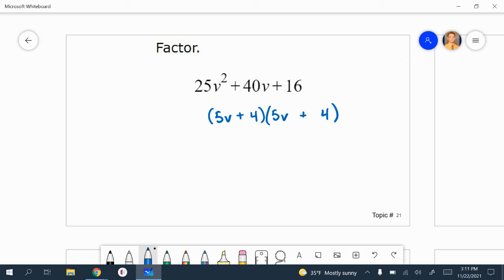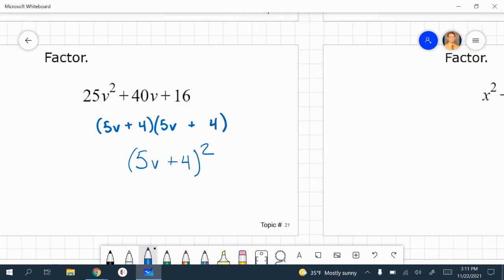The insides and outsides are both 20v, and when you add them, you get 40v. So my final answer here would be 5v plus 4 squared. So that's kind of a special one when you have perfect squares on the outsides, like the 25 and the 16. It makes it kind of easy, as long as that middle term ends up working, which is something you'd have to check.